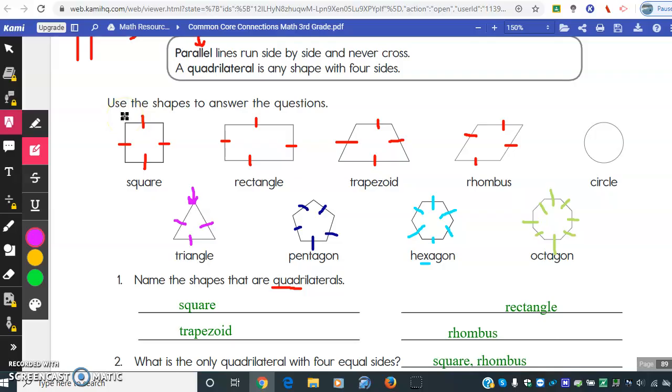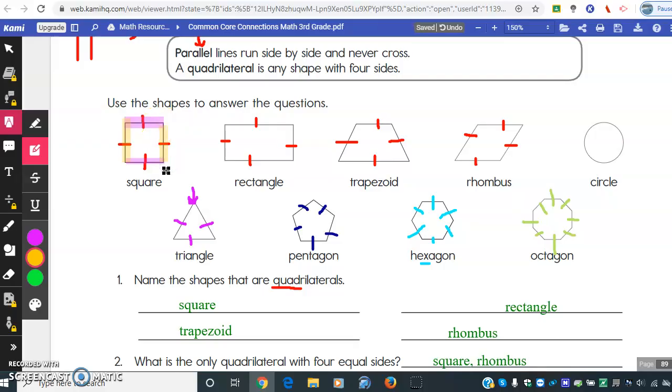If I look at this side and I look at this side, I notice that they are going the same way and they're not going to cross. So the square has parallel top and bottom, okay? The square also has parallel side and side, because look, if I do it with this side and I do it with this side, again, they are not going to run into each other.